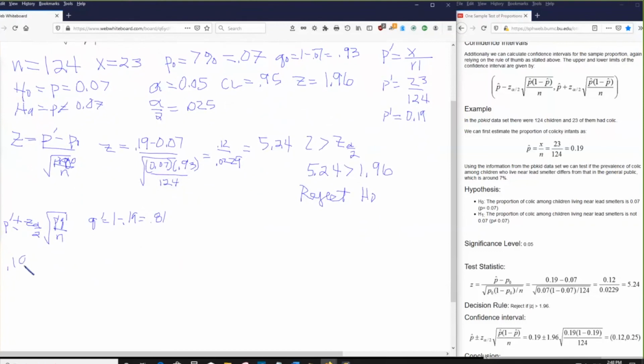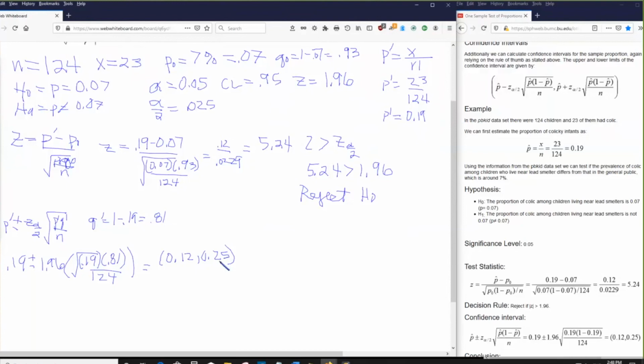So that makes my confidence interval 0.19 plus or minus 1.96 times the square root of 0.19 times 0.81 all over 124. So that's going to end up giving me a confidence interval of 0.12 and 0.25.